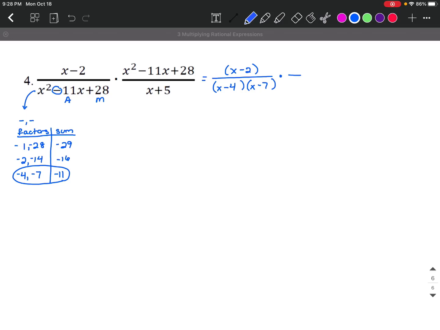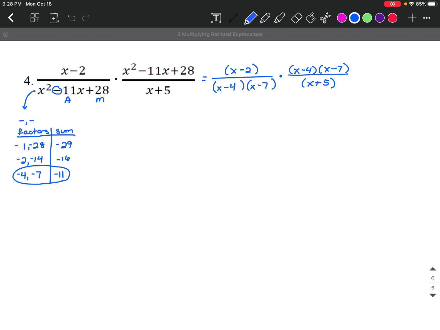Now the next fraction, the bottom, x plus 5, is not going to change. But the top, that's the same trinomial I just factored. I'm going to get x minus 4 times x minus 7.